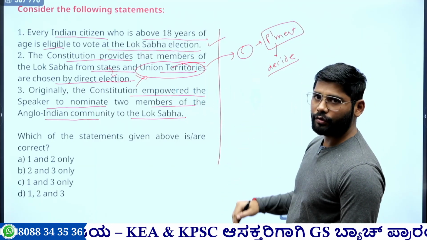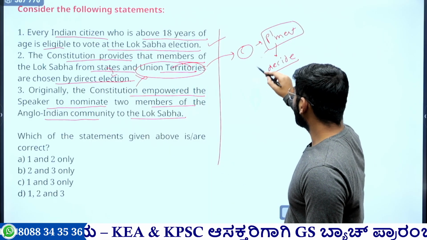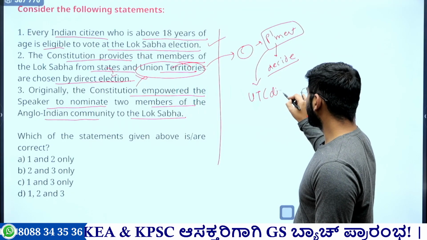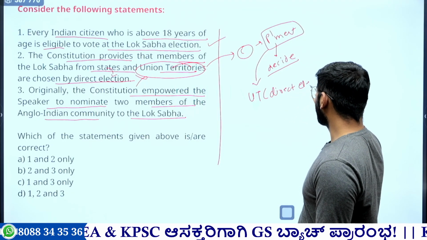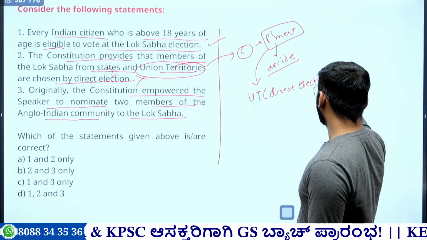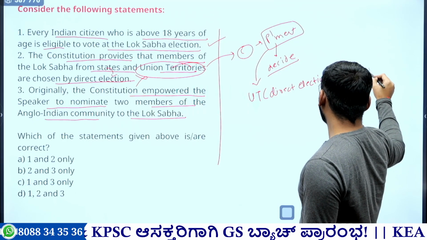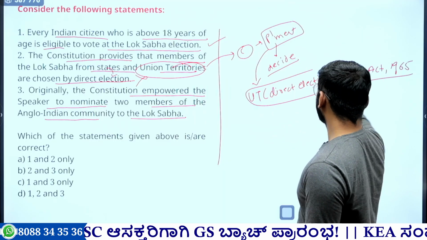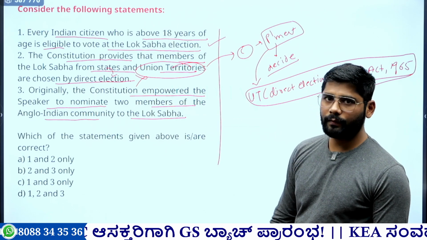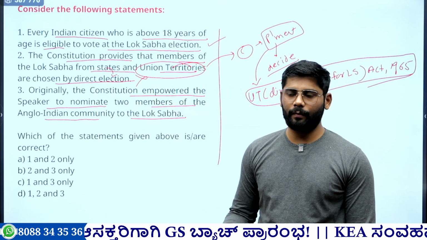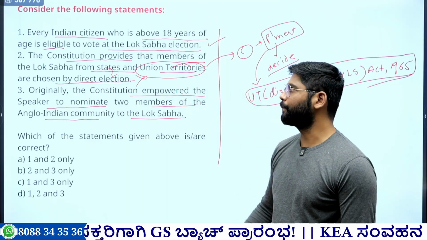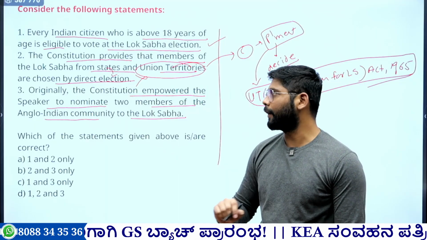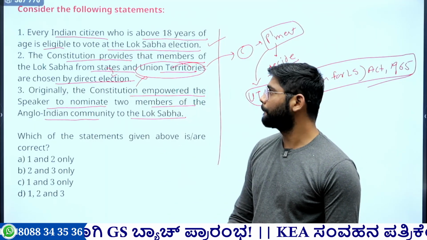Through this constitutional provision, Parliament has enacted one law, the Union Territories (Direct Election to the House of the People) Act, which came in 1965, and through this act, the Union Territory elects the member of Lok Sabha from the territory through direct election. But the Constitution only provides direct election for the states, not Union Territories. So the second statement becomes wrong here. Okay.